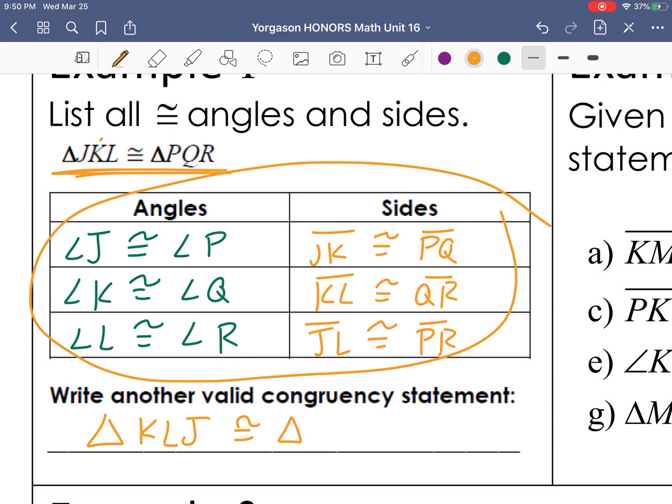Well, K and Q go together, right? So now if I'm writing K first, I would need to write Q first. Does that make sense? And then L goes with R. Those were the last letters listed up above. And then J goes with P.